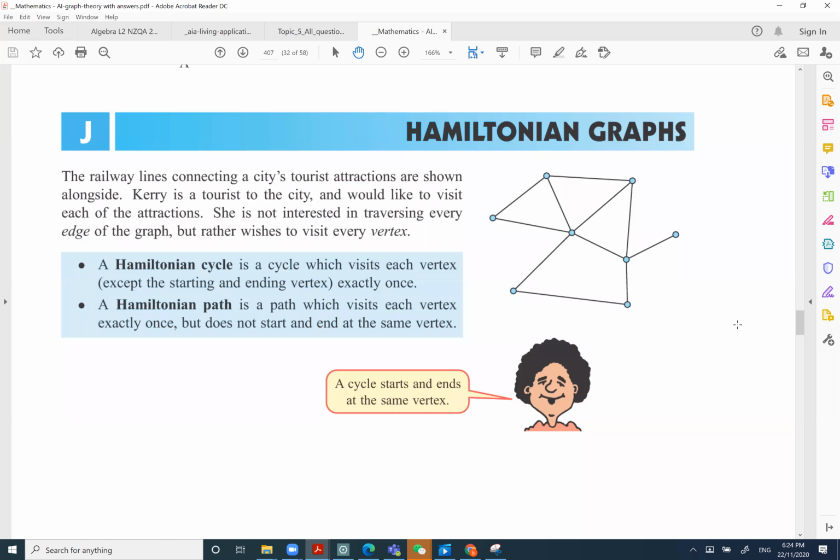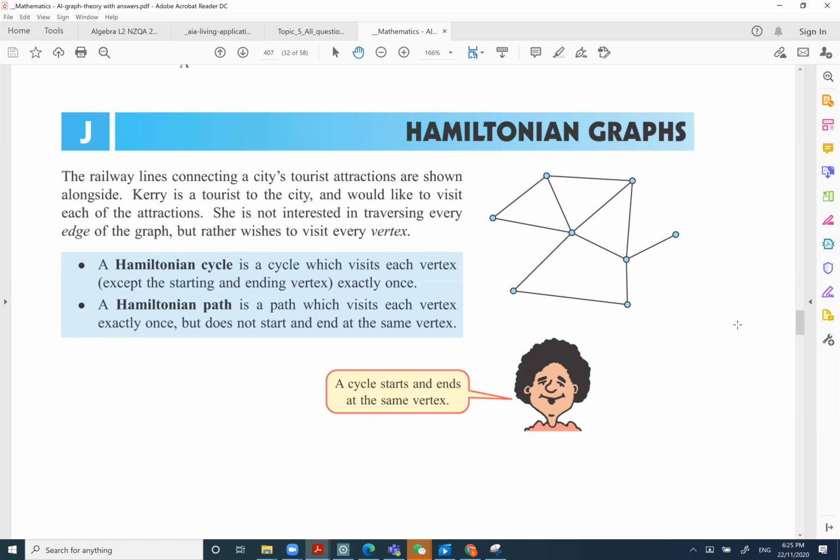But the Hamilton thing, you need to travel or visit all the vertices. The Euler one, you travel the edge only once. The Hamilton, you just visit the vertex just once. Of course, the starting and ending vertex is the same thing for a cycle, so you visit that point twice.